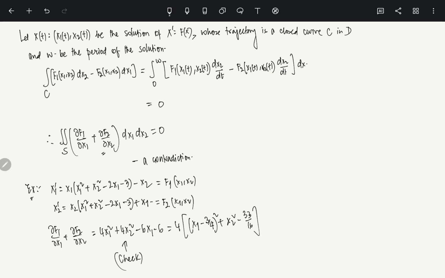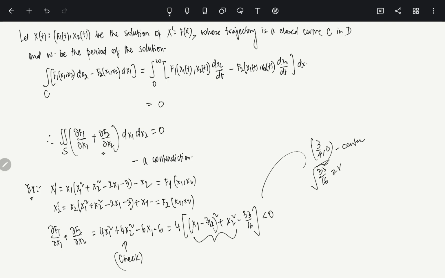So you see, if you have a circle with the center (3/4, 0), and the radius is root 33 by 16, then inside this circle this particular thing is basically negative.